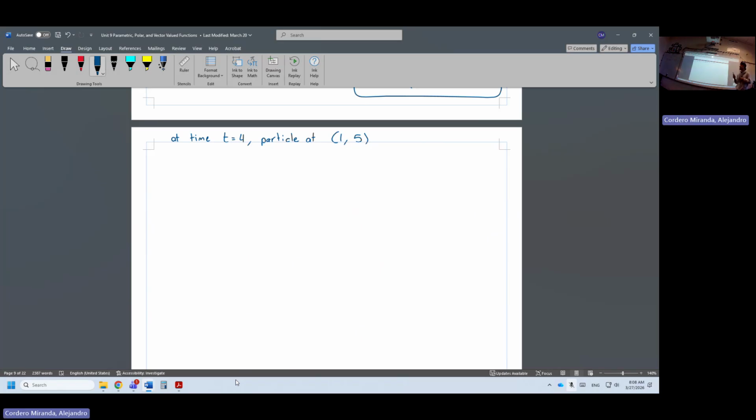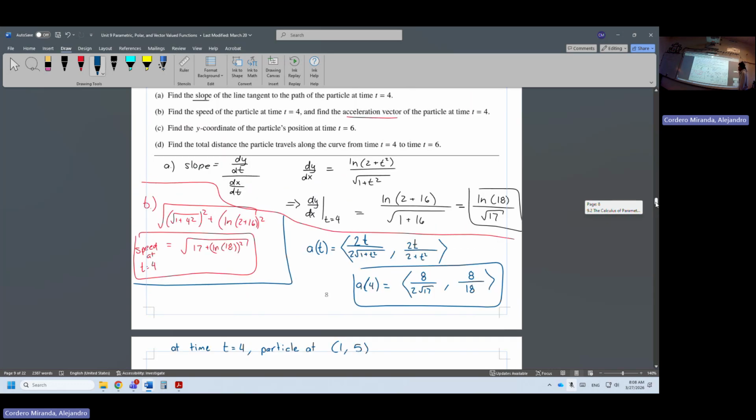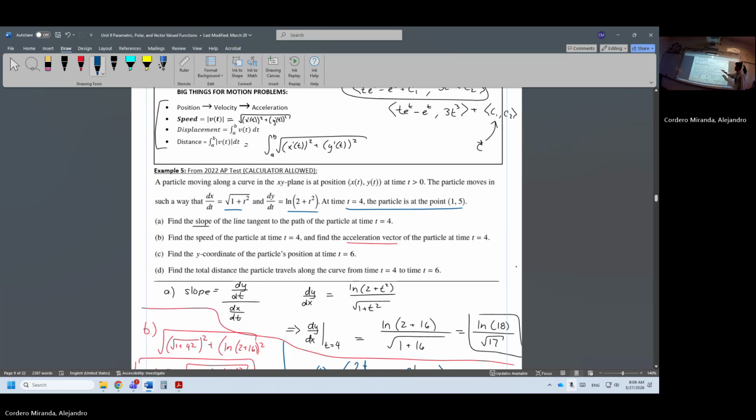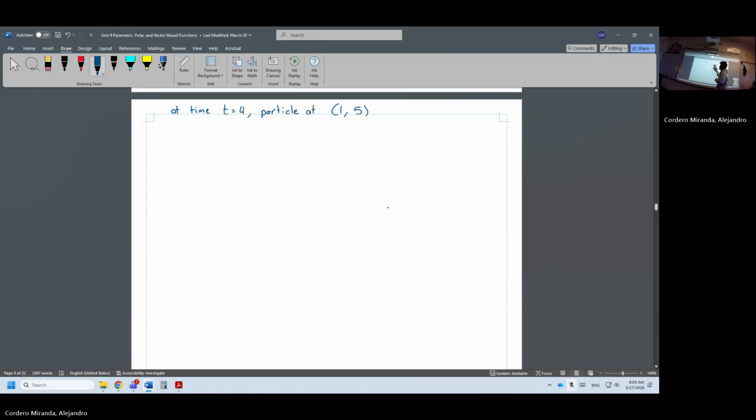Okay, I'm not going to say, but I will say this. Do you agree that them asking me for the y coordinate at time 6 is just asking me for y of 6? Agreed? Okay. I need y of 6. Do you also agree that we have y of 4?